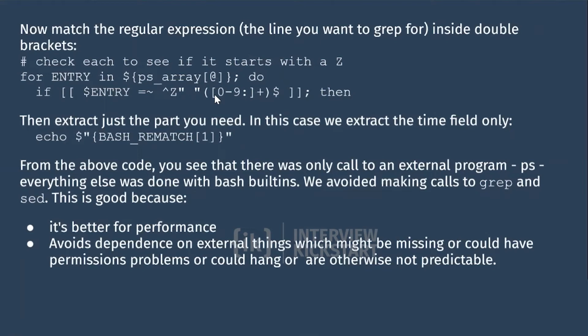And then the next thing we have going on is a parentheses. And this is a grouping. So this is a BASH_REMATCH grouping. So the parentheses, what I'm grepping for here, or not grepping, but what I'm matching on here, is a timestamp.